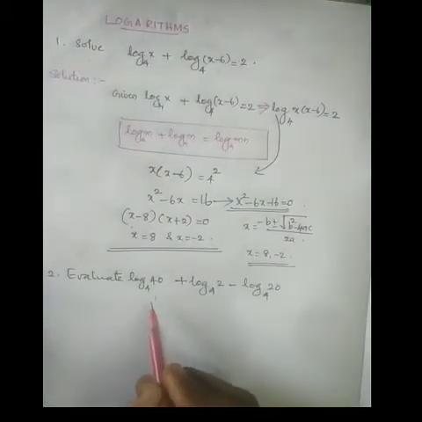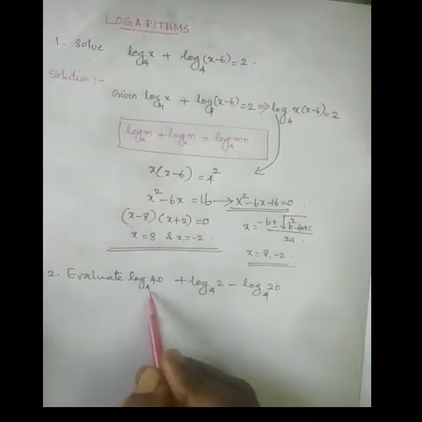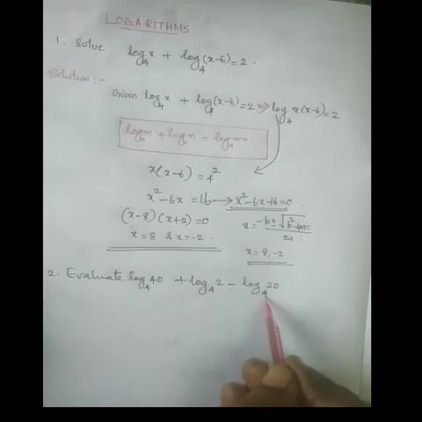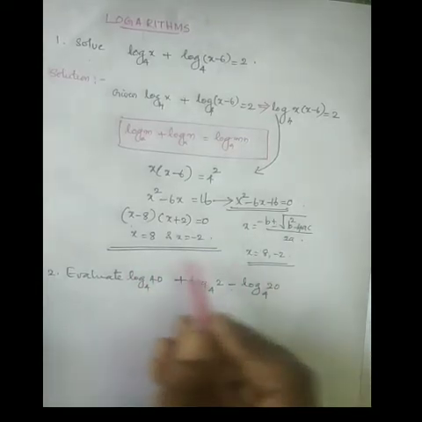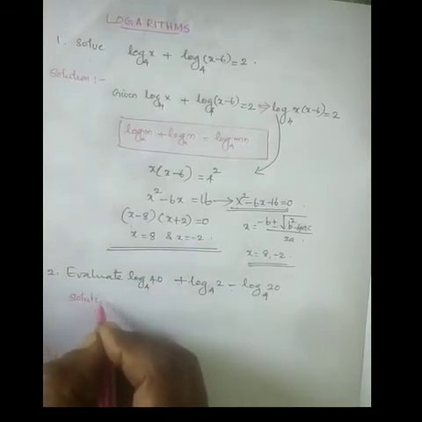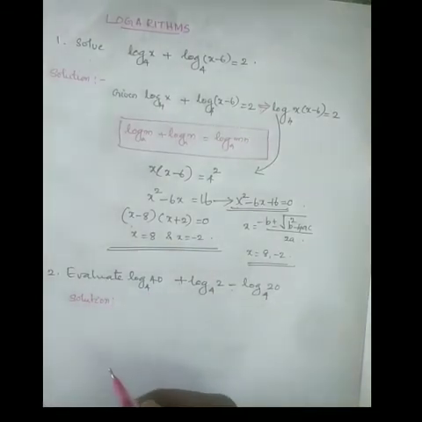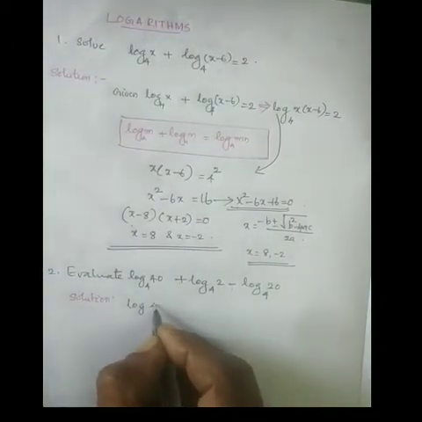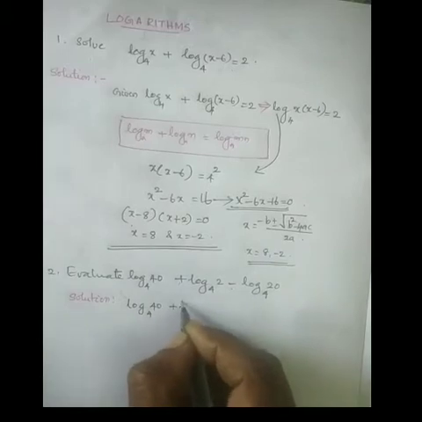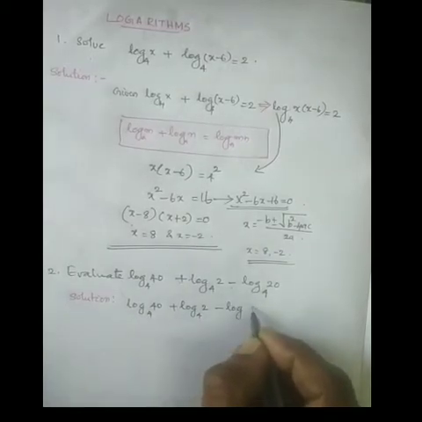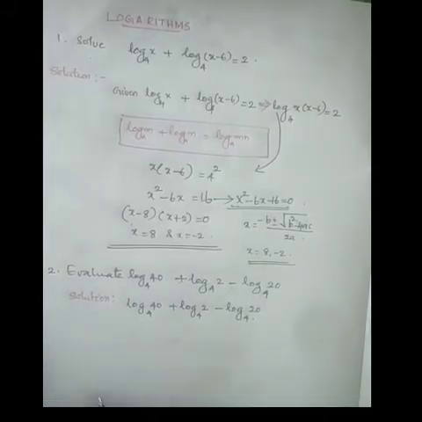Another one, evaluate log 40 to the base 4 plus log 2 to the base 4 minus log 20 to the base 4. We have to find the value of these three terms. Solution. Given this expression, using this identity, we can write these two terms as log 40 into 2 to the base 4 minus log 20 to the base 4.